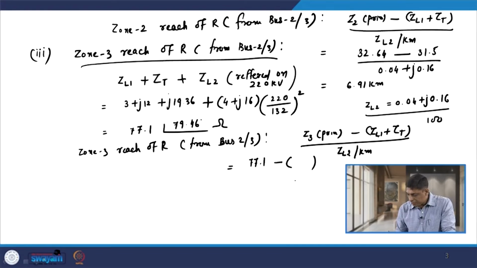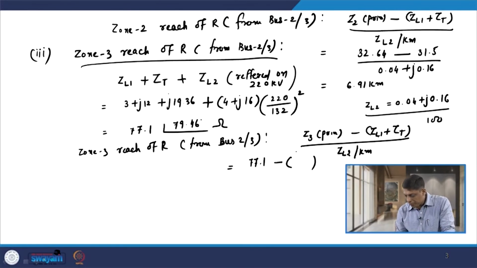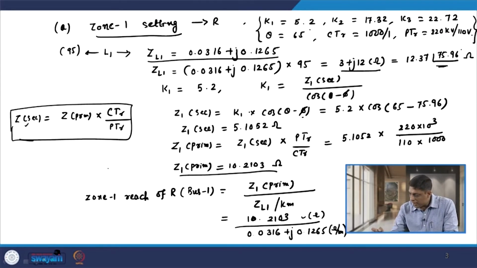So, this value Z3 primary we have already calculated as 77.1, minus the ZL1 plus ZT, which is 31.5. But this value is not correct, because whatever value you have calculated here is different. Why? Because K3 is given. K3 is 22.72.